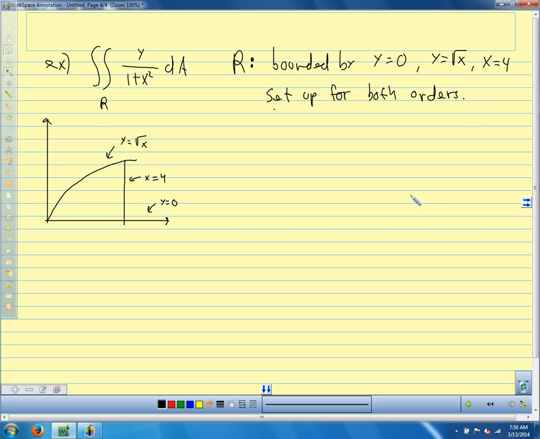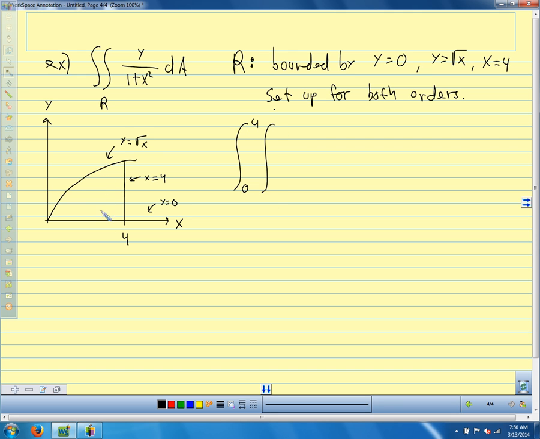All right, so which one do we want to do first? Vertical or horizontal? Vertical. Okay, so let's do our vertical rectangle. So we're going to have the integral, and this is x equals 4. So our outer limits of integration are going to be from 0 to 4. X is going to be from 0 to 4.